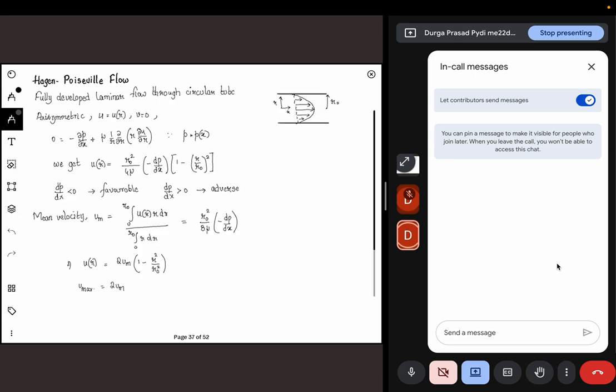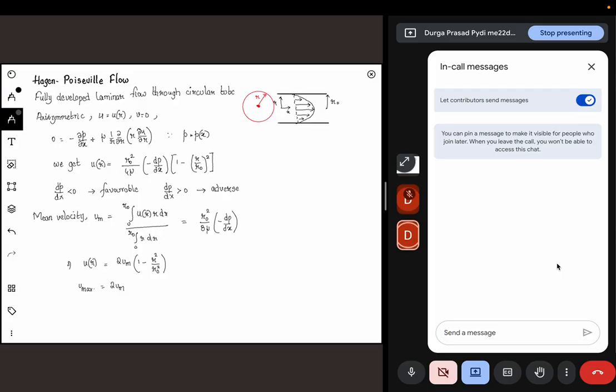The next case you can have is Hagen-Poiseuille flow. This is where instead of two parallel plates, we'll have a circular cross section. Maybe I should have drawn something like this. So you have a circular cross section. This is radius r. Here again v is 0 and u is a function of just r, and it is fully developed, so del u del x will be equal to 0.